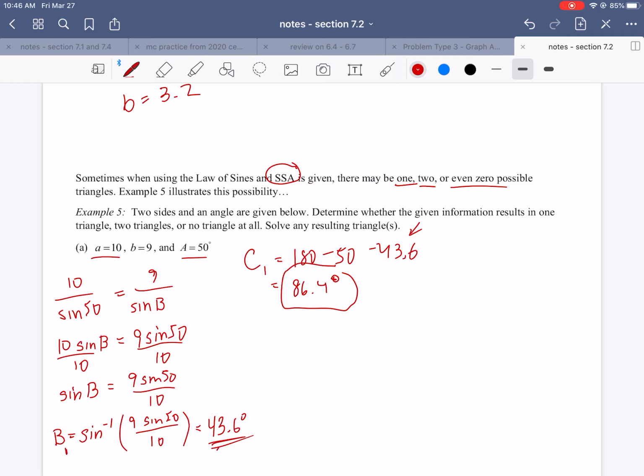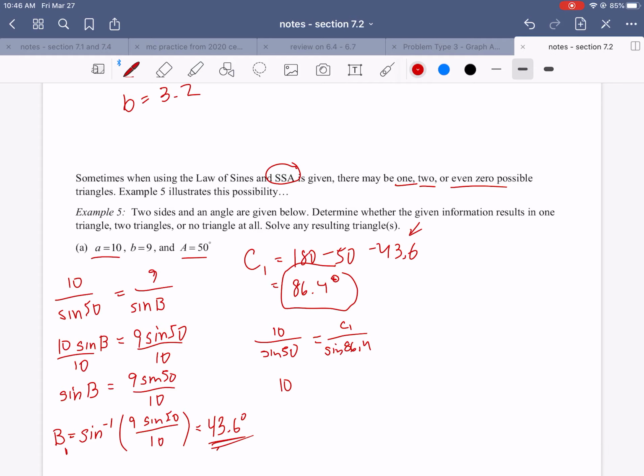And now we just need to find little c1. And so little c1 is going to be found by taking my given ratio, which will be 10 divided by sine of 50, and setting that equal to the little c1 ratio, which is little c1 divided by sine of 86.4. And again, I would not round 86.4. I would keep that number around until the end and then round at the end.